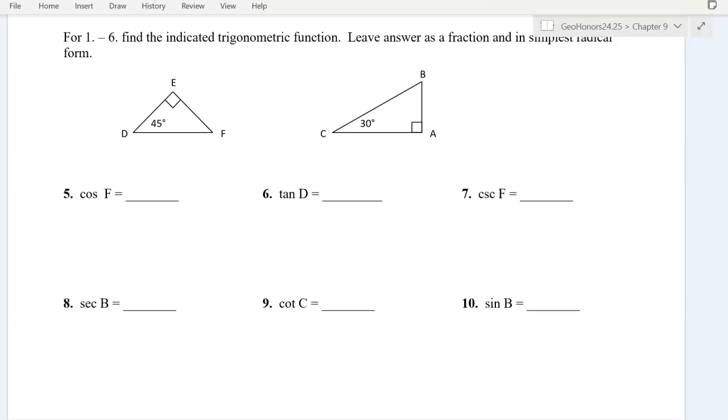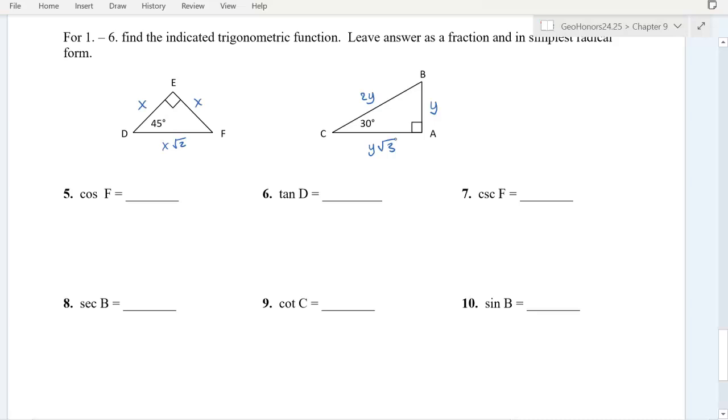Now, if we give you triangles like triangle DEF or triangle ABC, and we don't give you side lengths, these are special right triangles. So keep in mind that no matter what these side lengths are, I could call this x, then this is x, and then this is x root 2. I know my side lengths. I could call this y, this is then 2y, and this is y times the square root of 3.